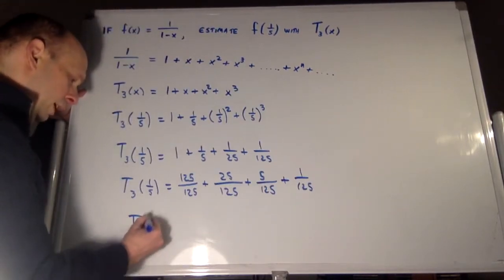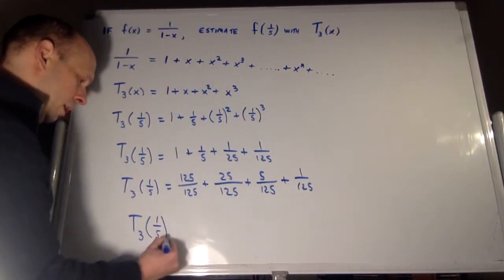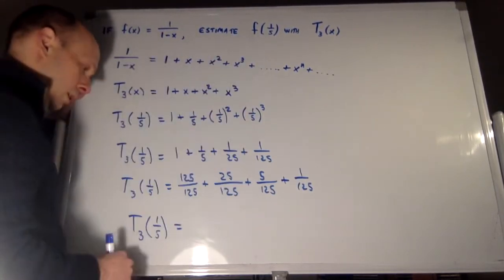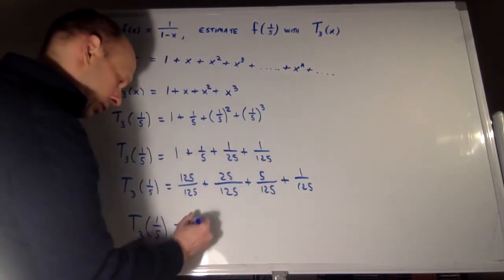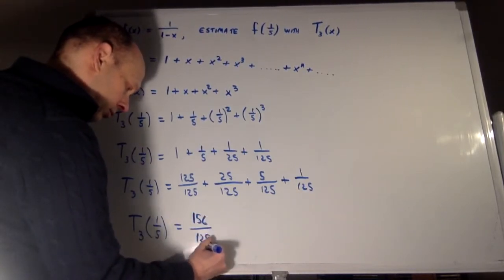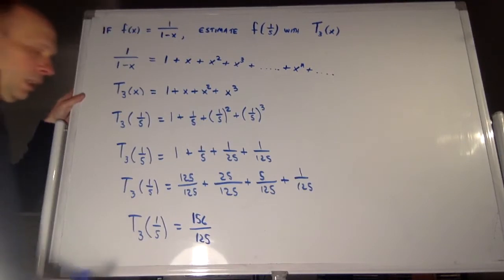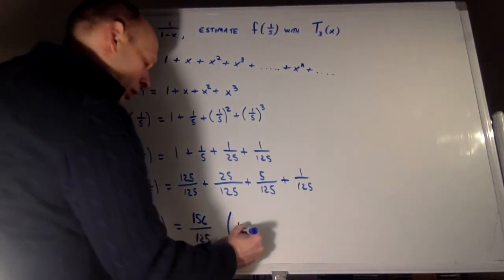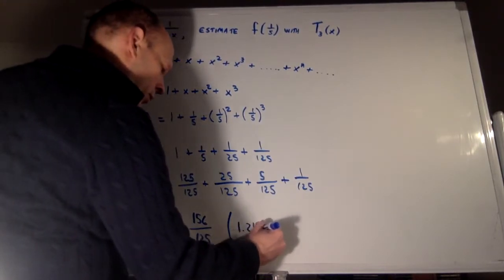So our 3rd degree Taylor polynomial estimate for f of 1/5 is 156 over 125. And by the way, 156 over 125 gives you a number like 1.248.